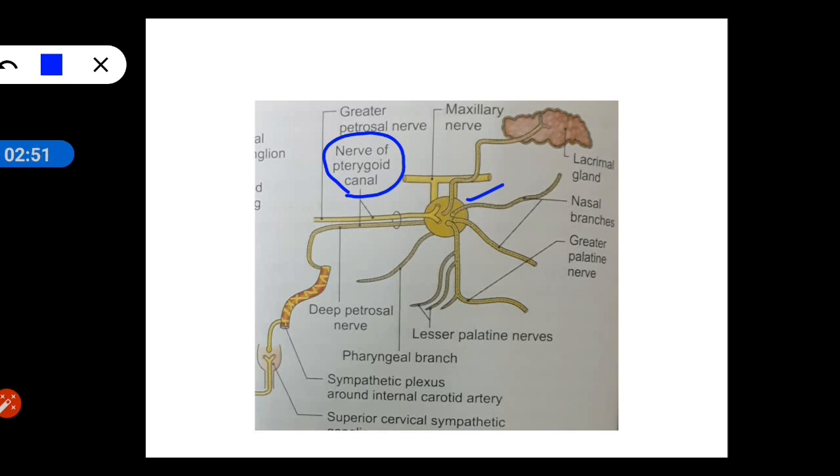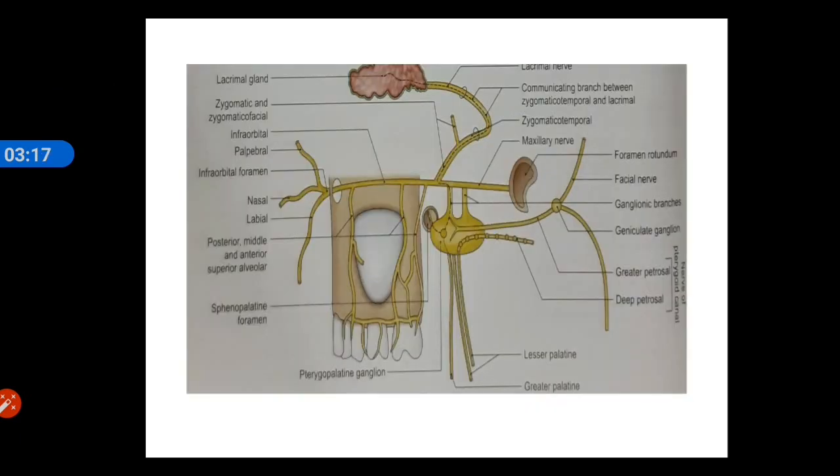We can see the postganglionic fibers coming out of the superior cervical sympathetic ganglion. They form a plexus around the internal carotid artery. From there, the deep petrosal nerve will arise. It will enter the pterygoid canal. So this deep petrosal nerve along with the greater petrosal nerve, these two nerves are called the nerve of the pterygoid canal. So we will go back to the previous diagram.